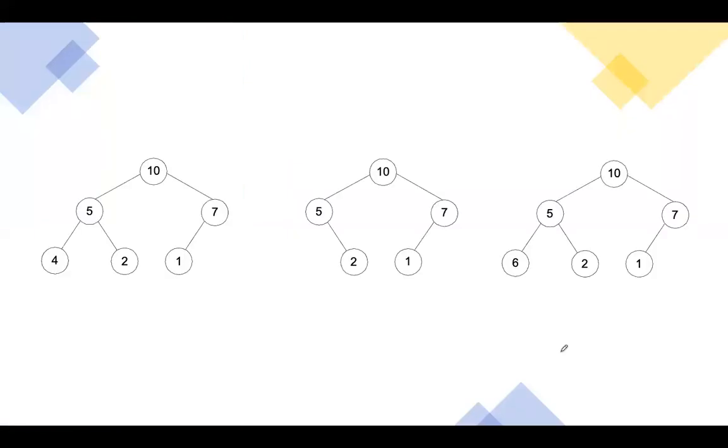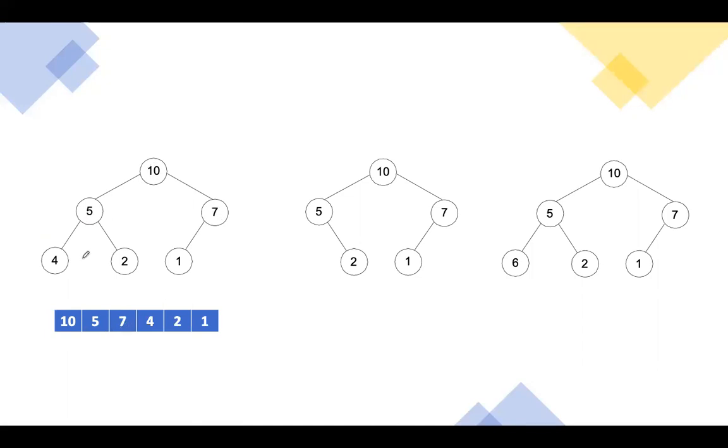So anyhow, these are not heaps, but I will just write down how they can be stored in an array. Okay, basic trees can be stored in an array. This is an array representation of this tree. First element, the root, we will write first, followed by the left child, that is 5, and the right child, that is 7.